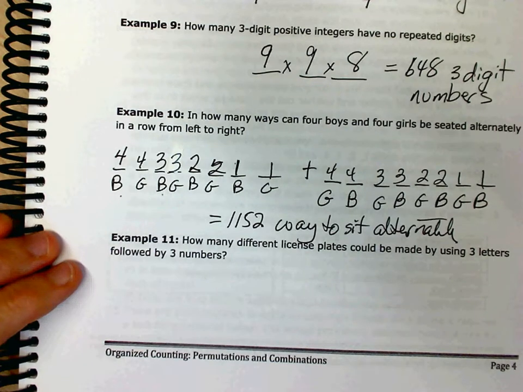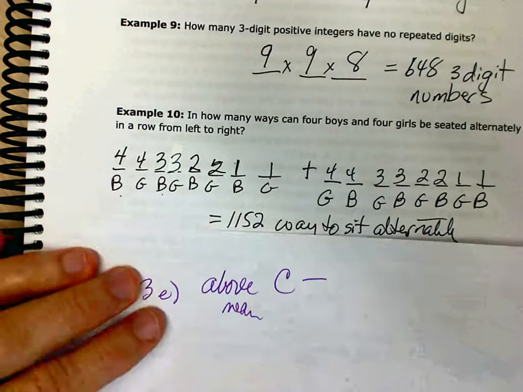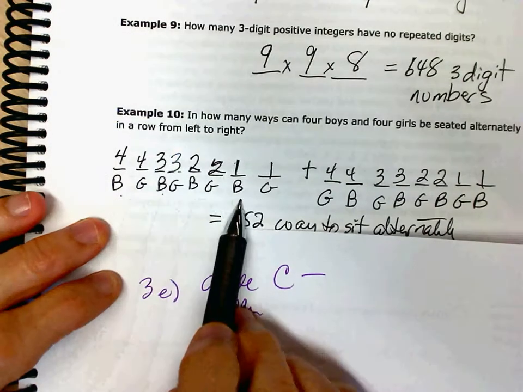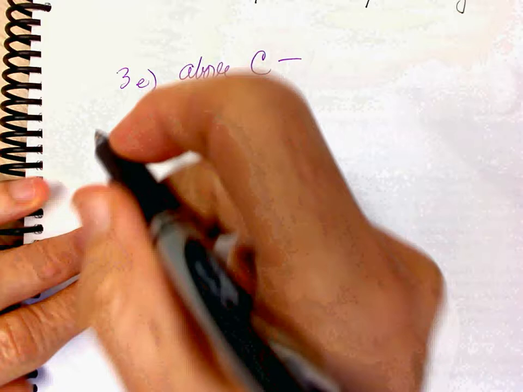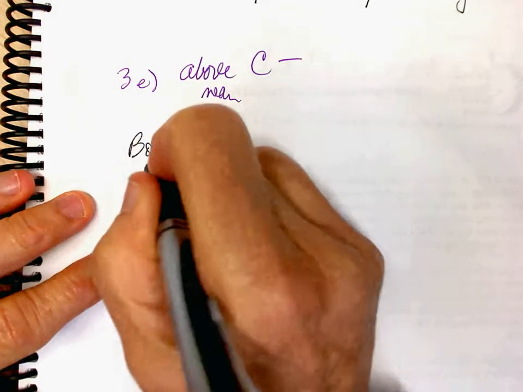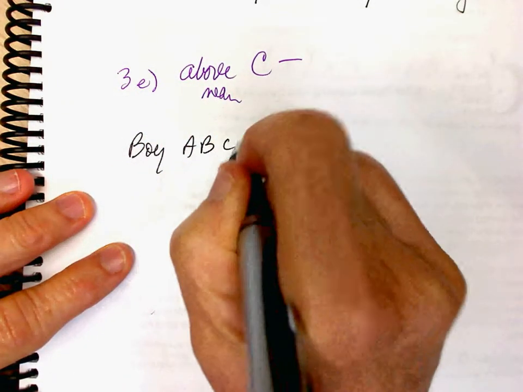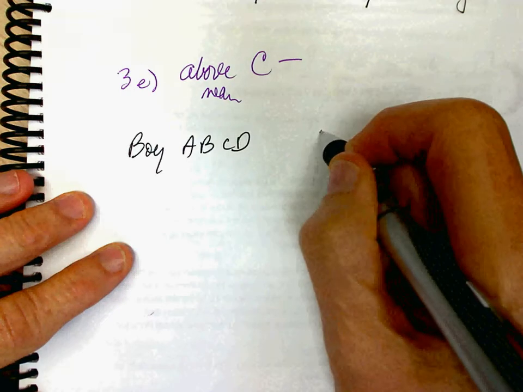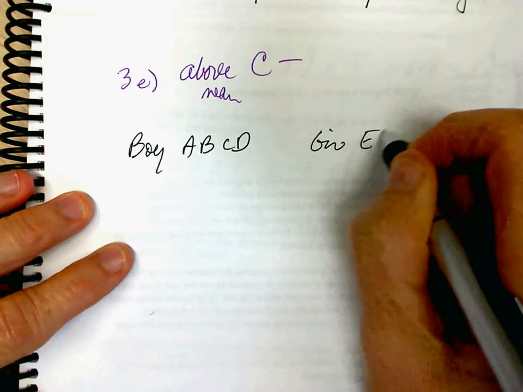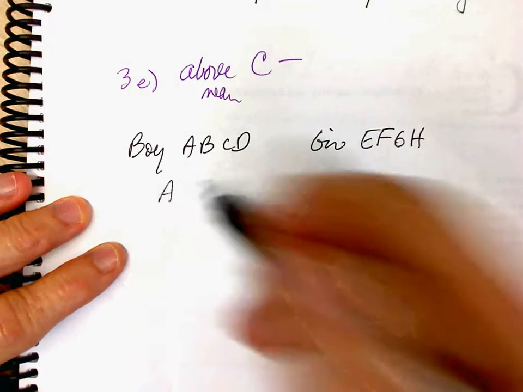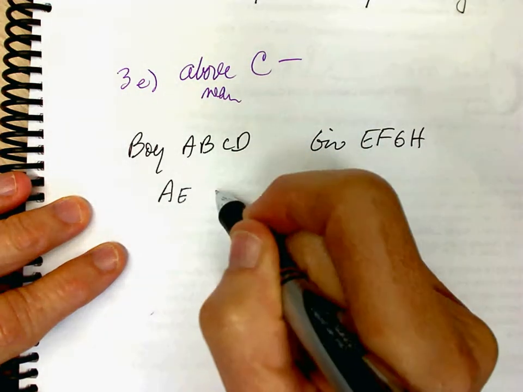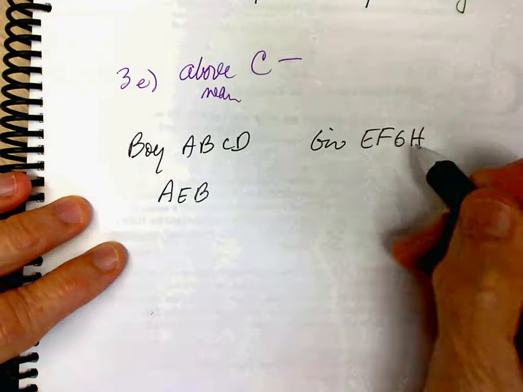If we look at the outcomes, this is an example of one outcome. But you could have, let's say your boys are A, B, C, D, and your girls are E, F, G, H. So you could have boy, girl, boy, H. Do you know what I mean?